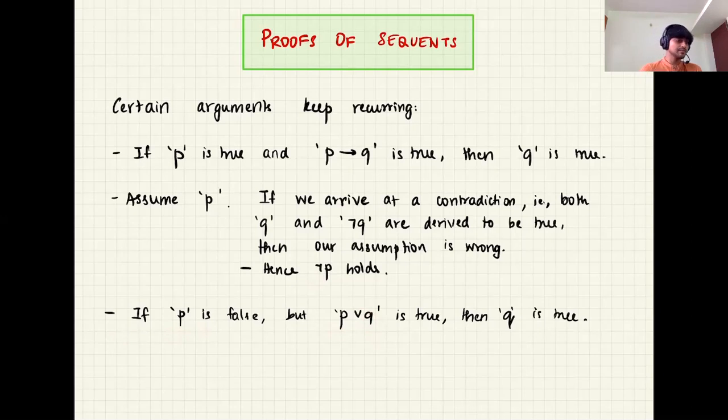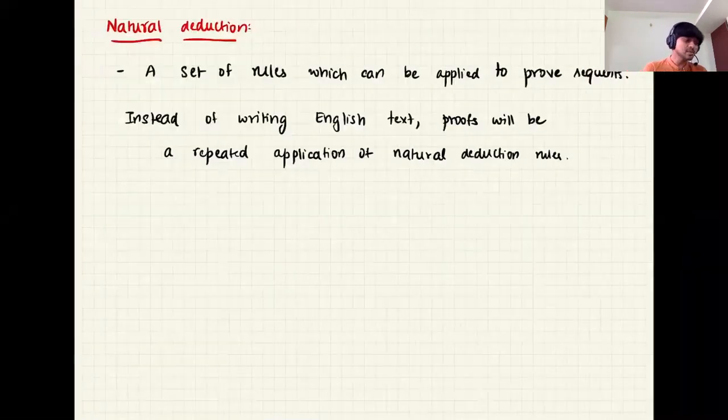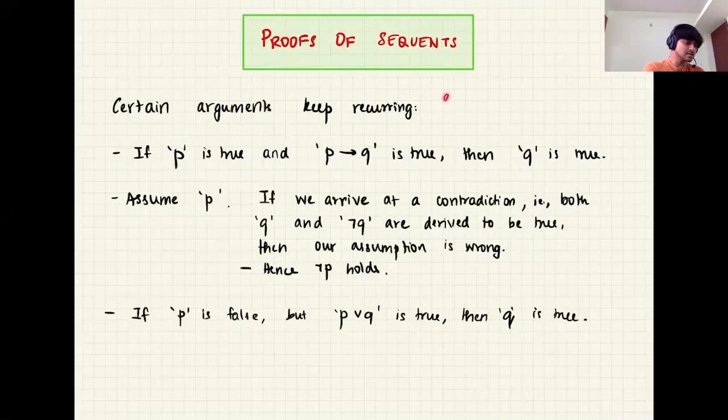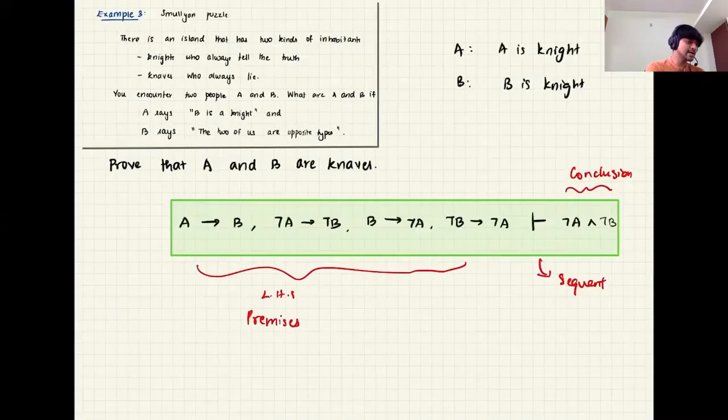Now our goal is, can we come up with a set of rules? We want to formalize statements like this and make them symbols. Like how we made this entire thing into a symbol, we want to make the entire proof into a symbolic set of statements.